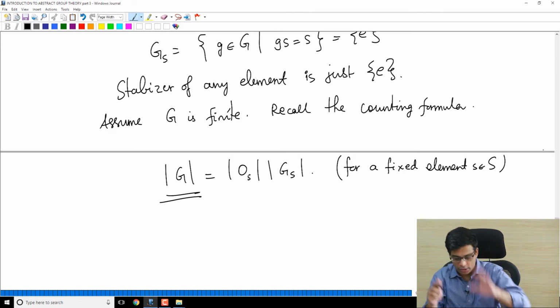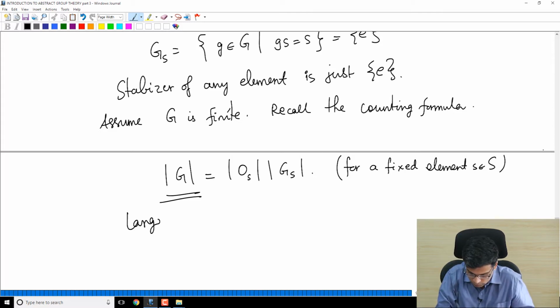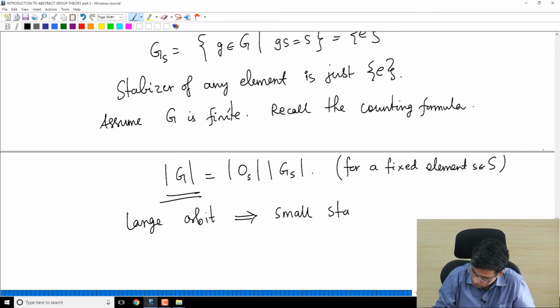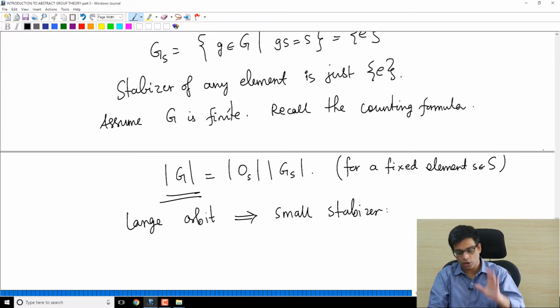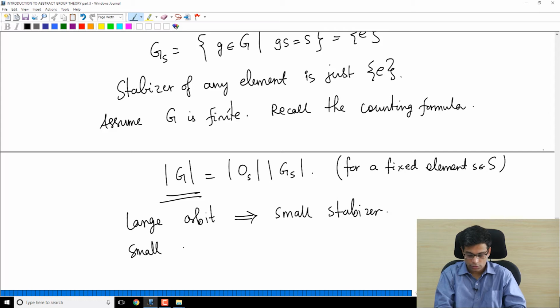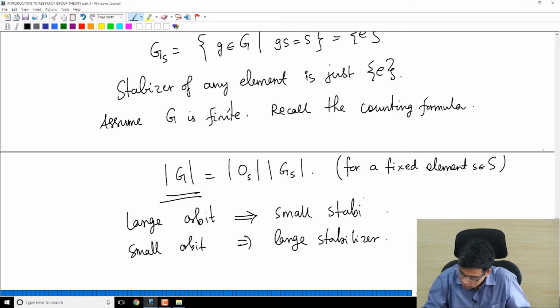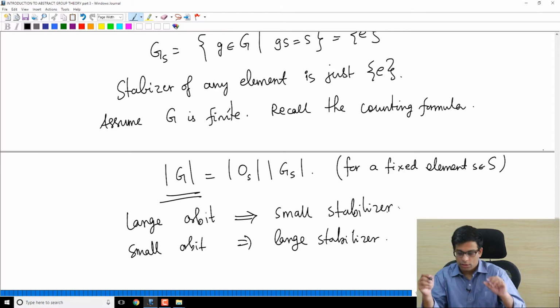So a large orbit, loosely speaking, implies a small stabilizer. A small orbit implies a large stabilizer. Correct?